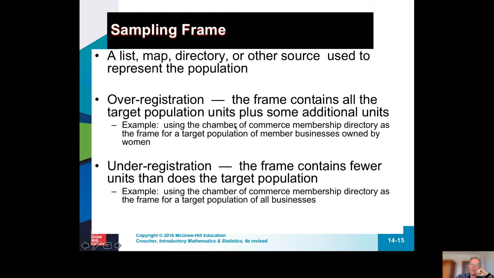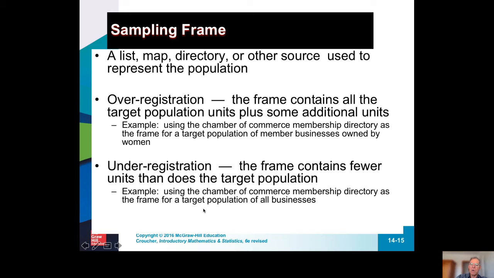our sample needs to be where our population we're observing is all female members of the Chamber of Commerce, say. So if we go through the entire Chamber of Commerce membership directory, we've got more than we need. Sure, we've got the male members there. So we've got over-registration.